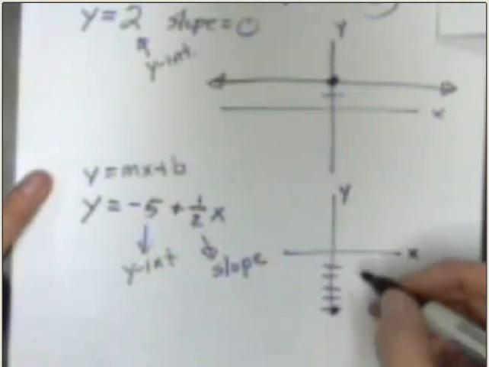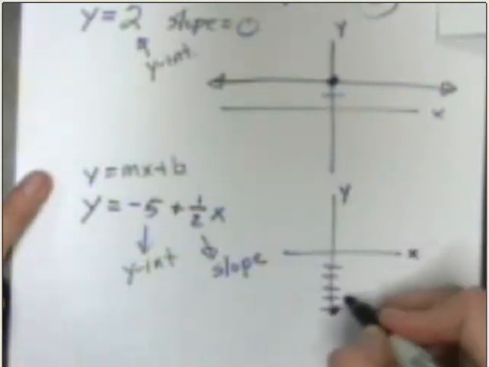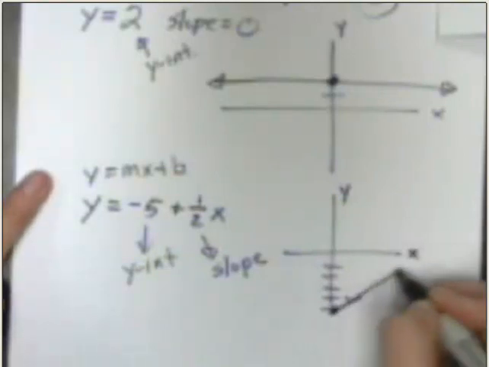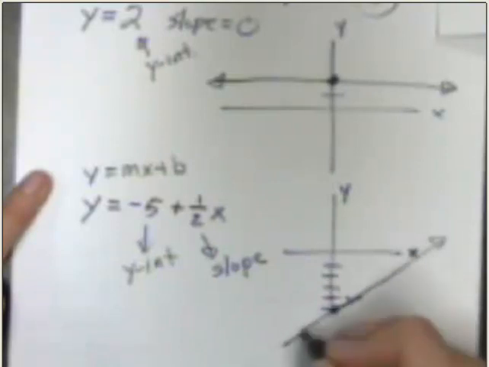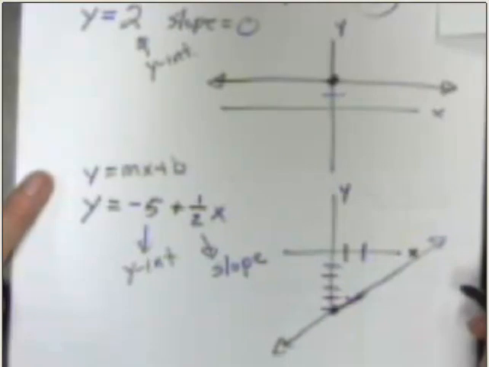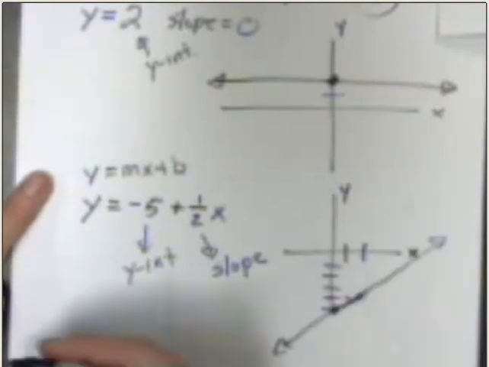Tell me what I do with my slope. Up 1 to the right. Okay. Sounds good to me.